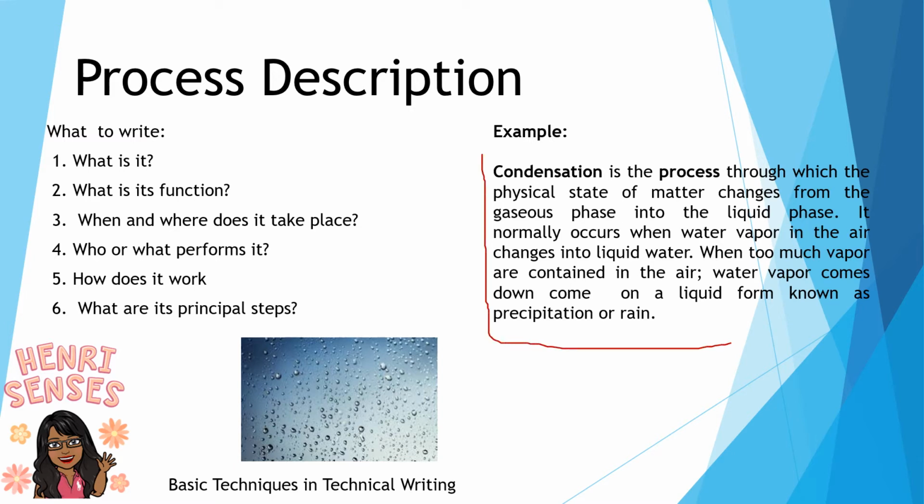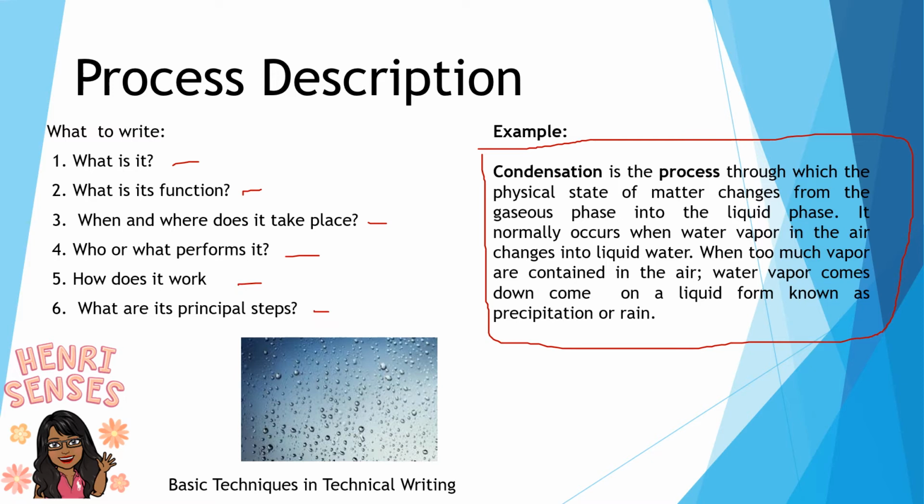Okay, so as you can see, this paragraph or this group of sentences is leaning to process description. So this is an example. I want you to check which among the statements here answer this one, the next question, and the third, fourth, fifth, and sixth.